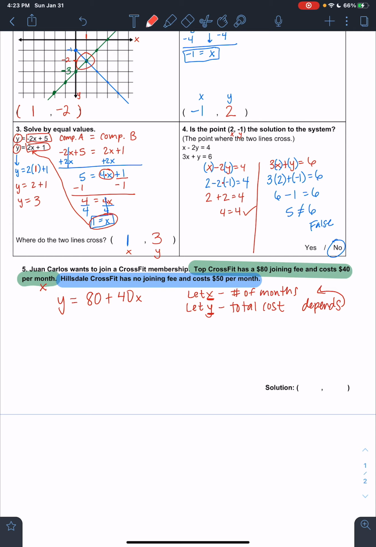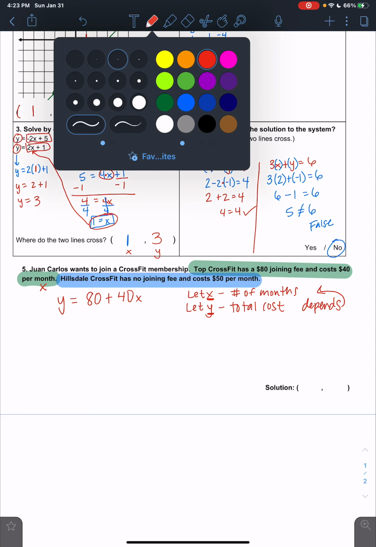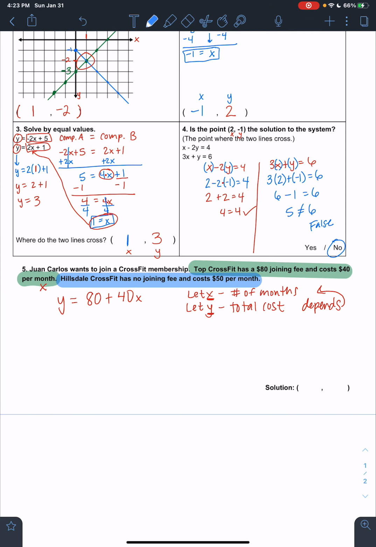So for the Hillsdale CrossFit, I can write an equation of the total cost having no joining fee and costing $50 per X number of months. Now I don't need that 0, so I could rewrite this as just Y equals 50X, and that would be just fine. We can solve this by substitution.